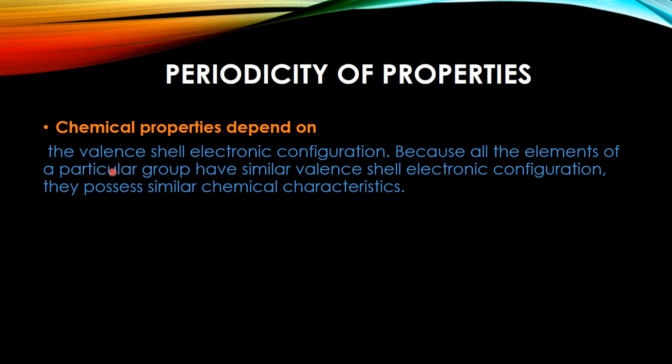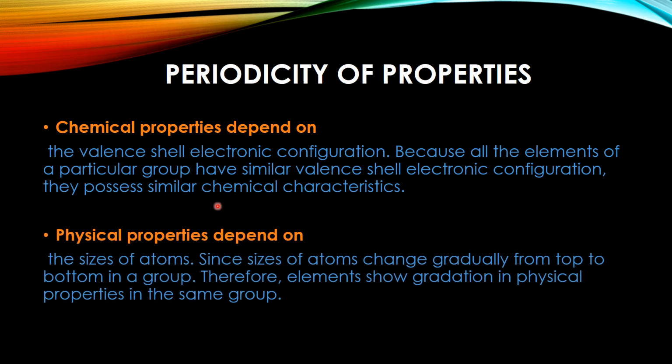Elements present in a particular group show similar chemical properties because they have similar valence shell electronic configuration. In their valence shell, the number of electrons is similar, so they show similar chemical properties.